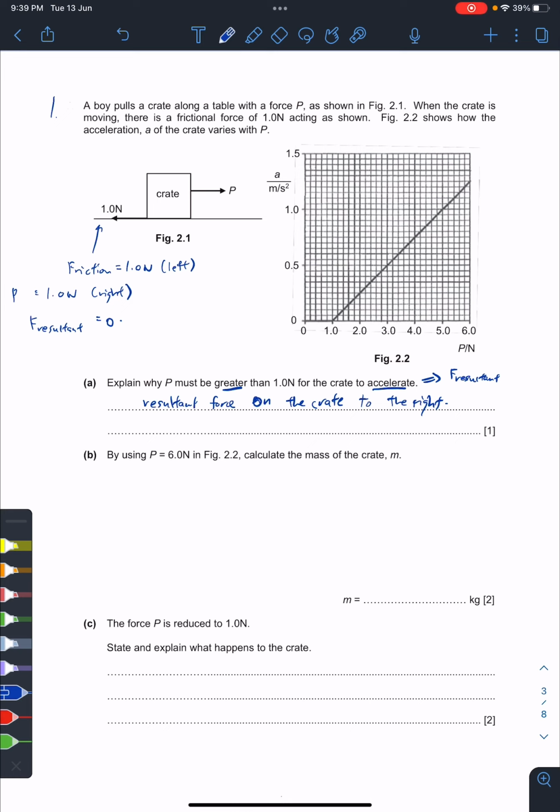Okay, next one, B. So let's read carefully. They say using P equal to 6 Newton in the figure. So let's look at the figure. 6 Newton is here. So you extrapolate.